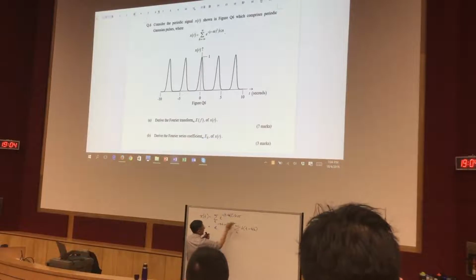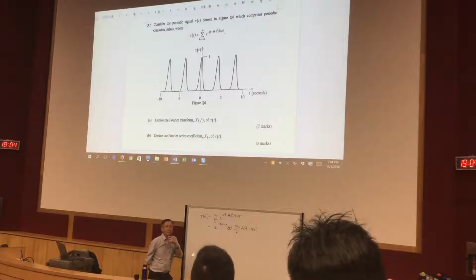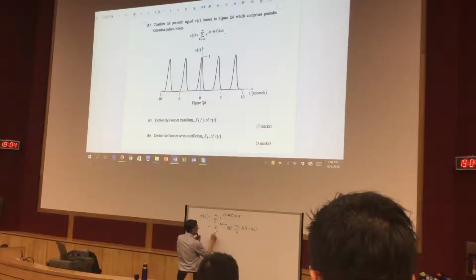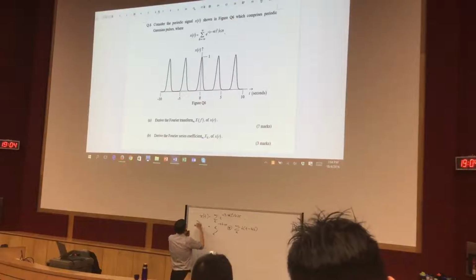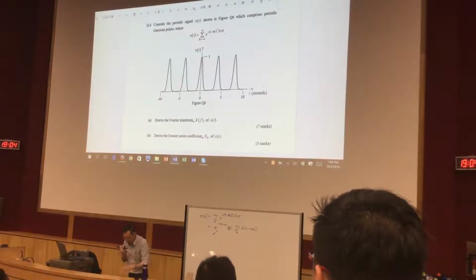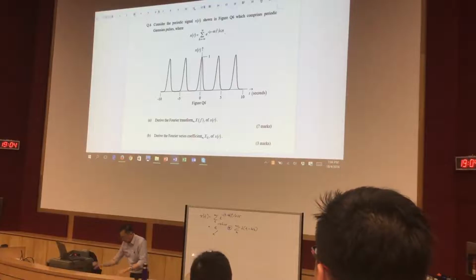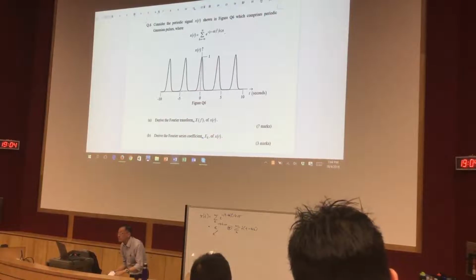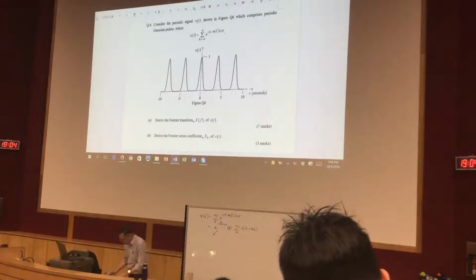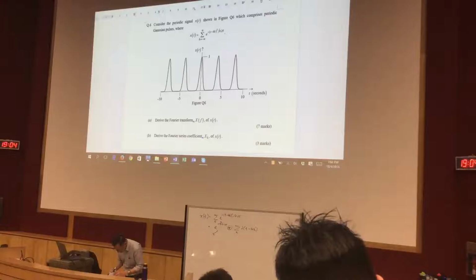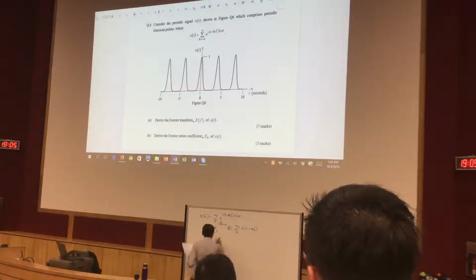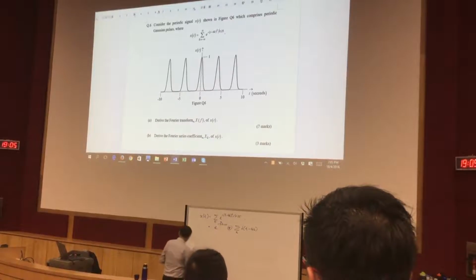Because if you convolve inside that, you get this guy. Right? So this one, Fourier, if you look at your table, there's a table there for Gaussian pulse. Let me fill out the table. So you know your table.